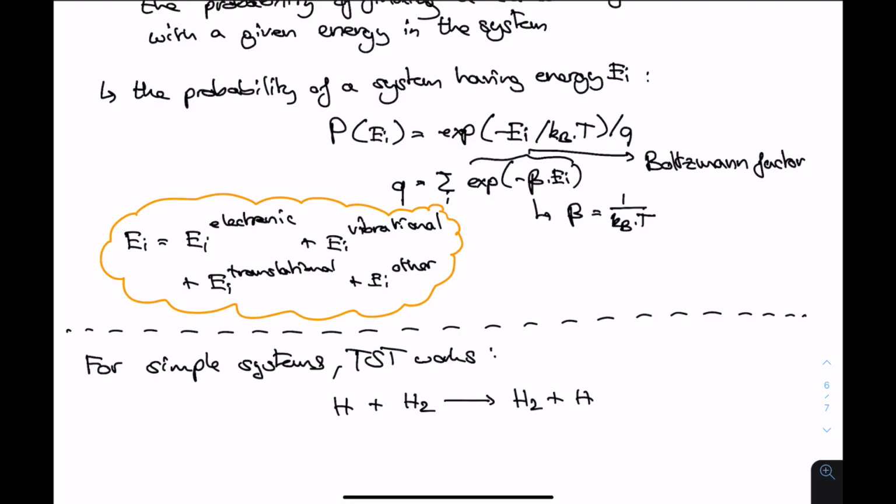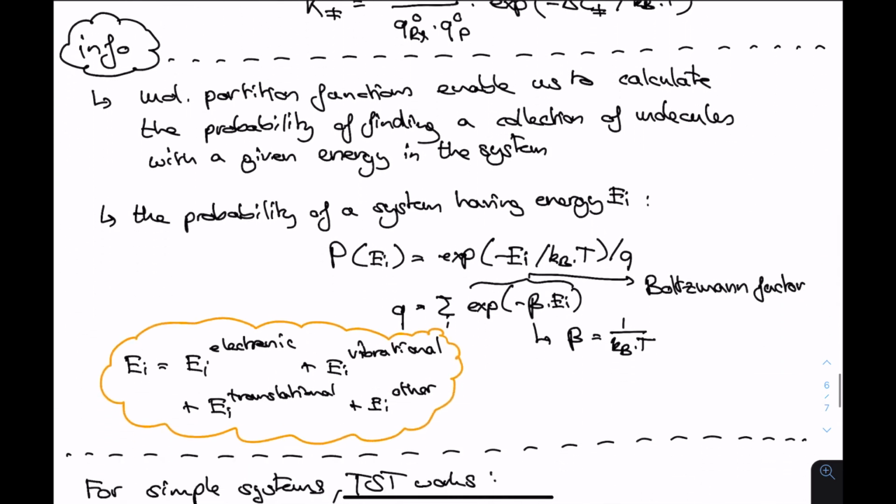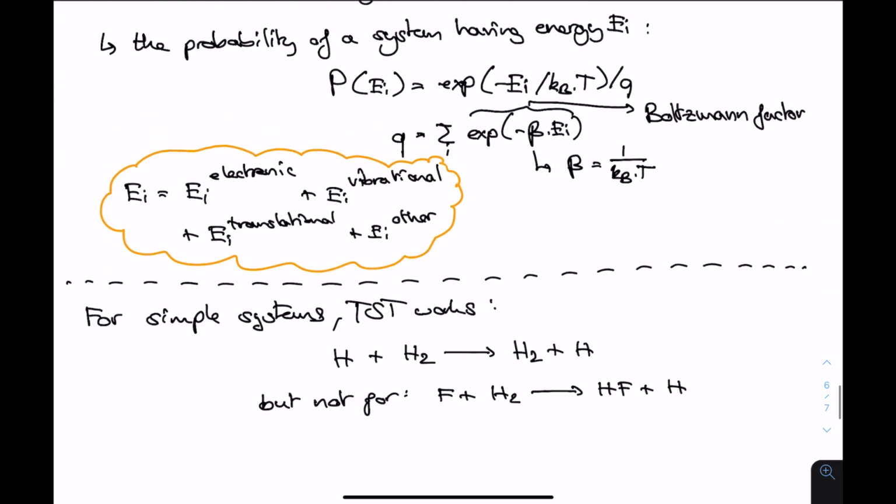So the proton is just transferred from one to the other, but not for even slightly more difficult reactions. So overall, still the theory is quite limited. Don't worry, I won't expect you to reproduce this last part as long as you have a basic understanding of what transition state theory is and the main concepts.